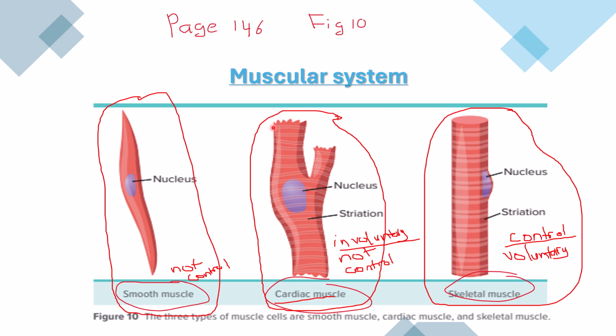The branching will not be there in skeletal muscle. If there is no branching, it is skeletal muscle with striation. If you do not find any striation, it is probably smooth muscle.